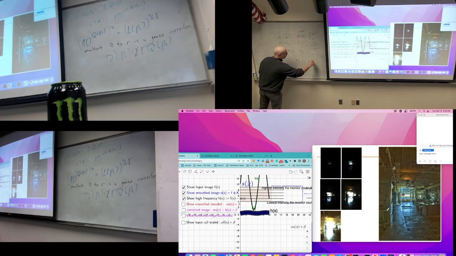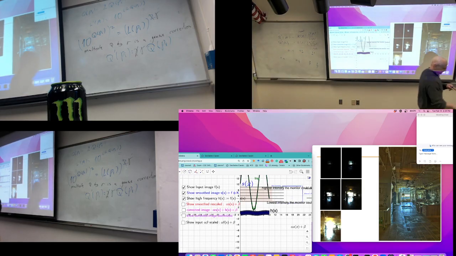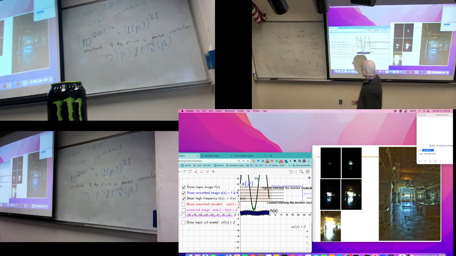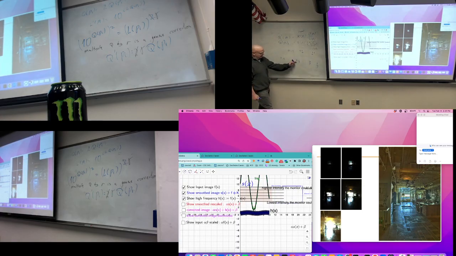Let's say that my original image jumps between intensity 9 and 11: 9, 11, 9, 11, 9. S just takes the average of each 3 points. At this point, I'm taking the average of 9, 9, and 11.